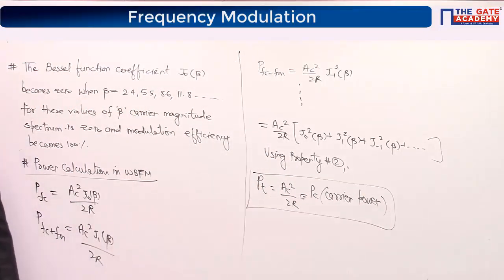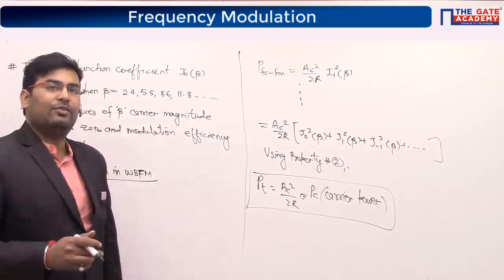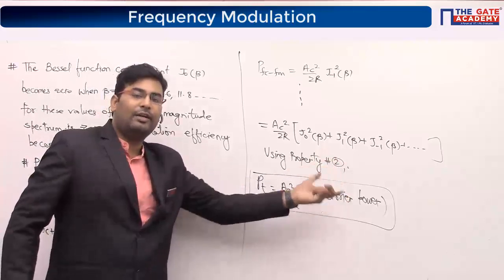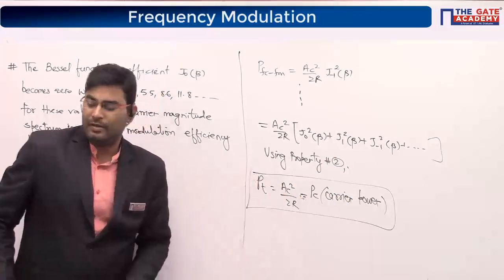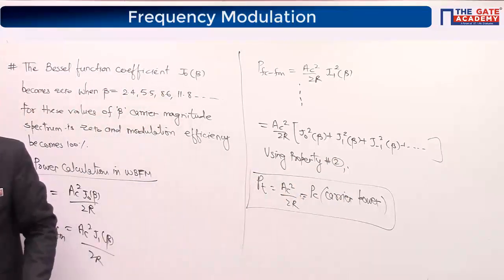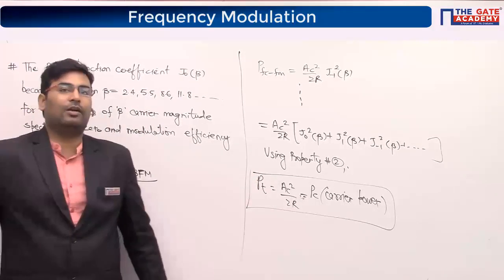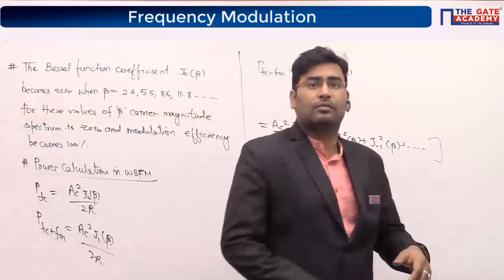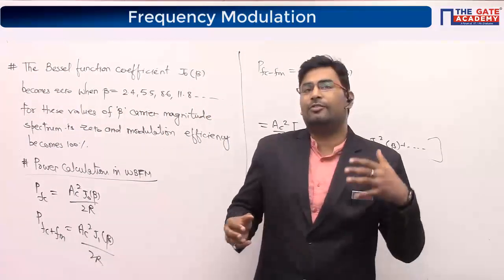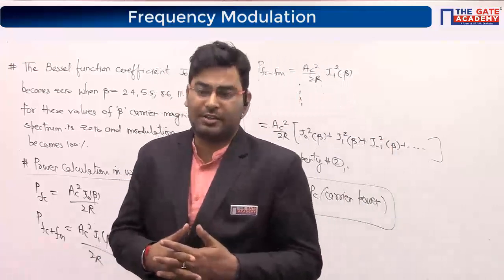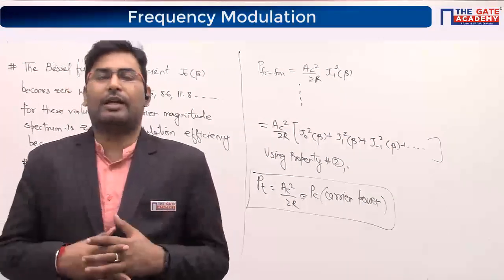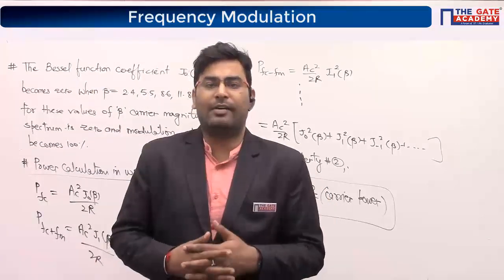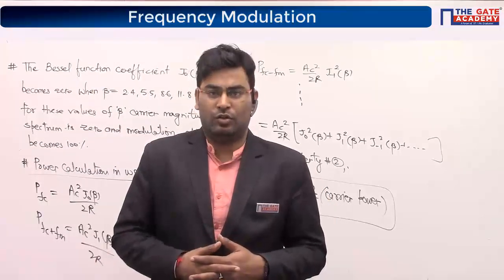Now, all those who are in the session, can you tell me what has gone wrong in this? That your power is coming equivalent to carrier power. There is no change in the power of the carrier. It's the same before modulation, it's the same after modulation. What is the reason? Because in frequency modulation, we are not changing the amplitude of the carrier. Amplitude of the carrier remains unchanged, and that is the reason power in the carrier is AC square by 2R.